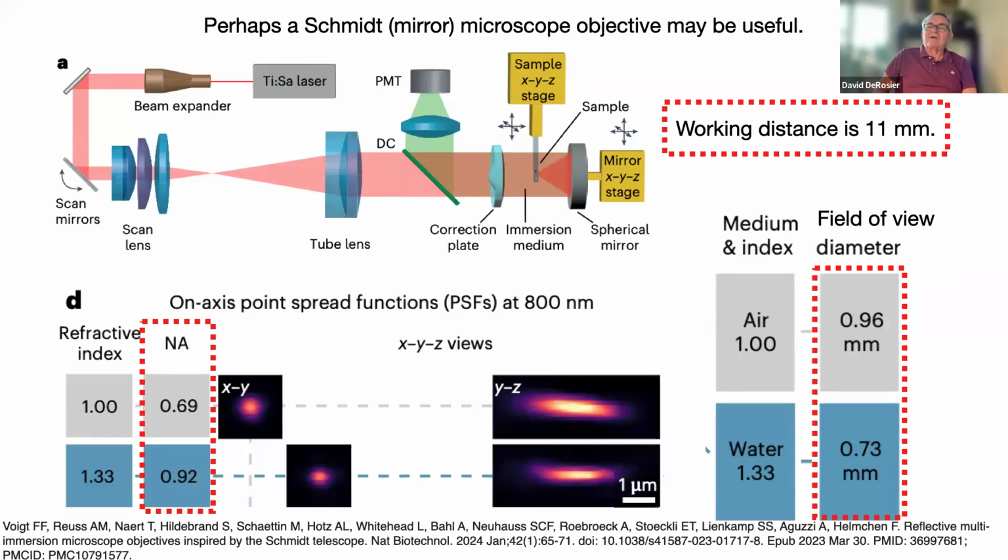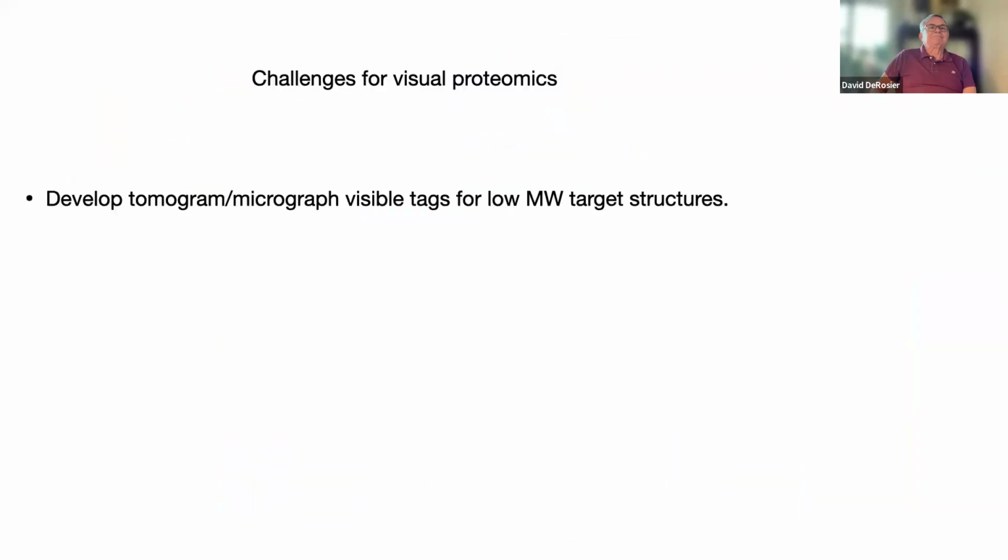It's not 11 microns, it's 11 millimeters. So there's a lot of room in which you could think about putting in some kind of apparatus to blot and some jets to freeze or something. So, you know, this is something to think about.